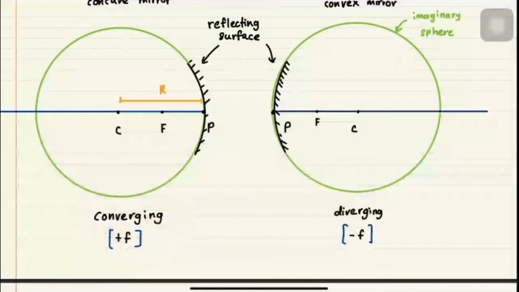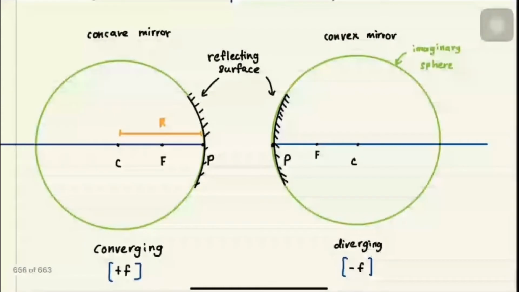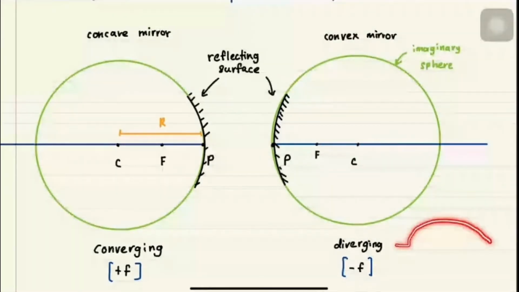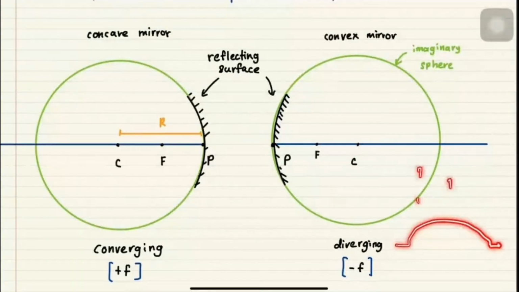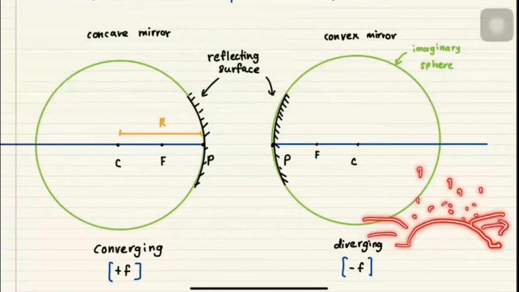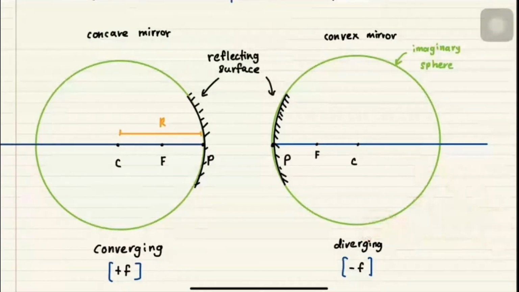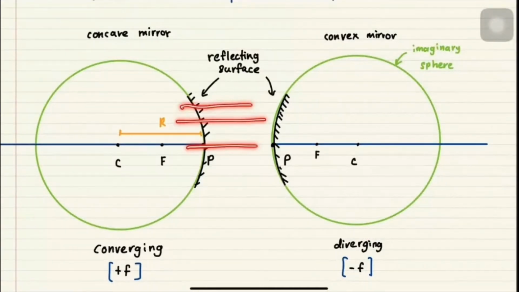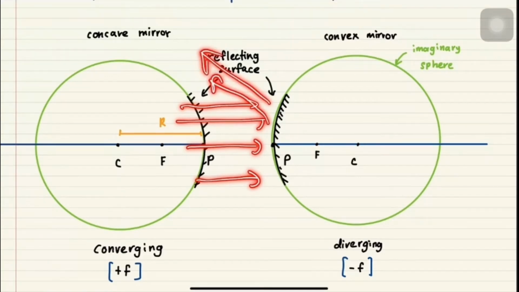For a convex mirror, if you imagine the same shape and you drop lots of water over here, the water will spread out. That behavior is what we call diverging. And if we have rays of light, they will be reflected off from the surface, as if from the focal point.